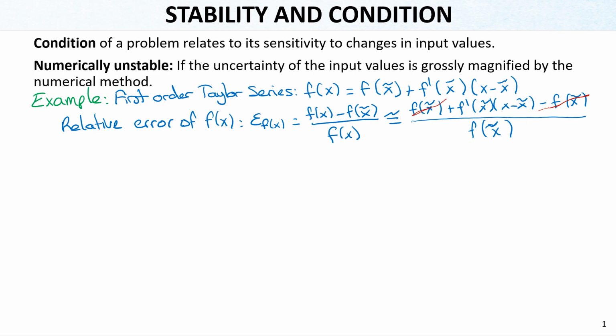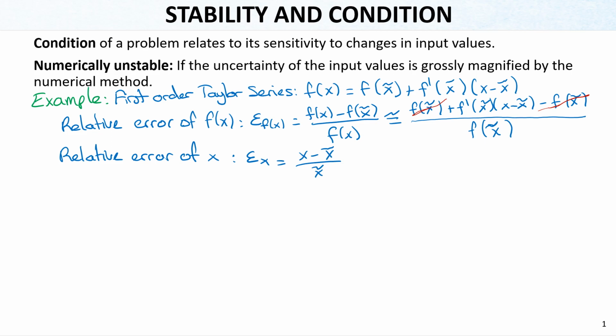And for the relative error of x only, we can say epsilon x is equivalent to x minus x tilde divided by, again, we are writing x tilde instead of x to have a prediction.